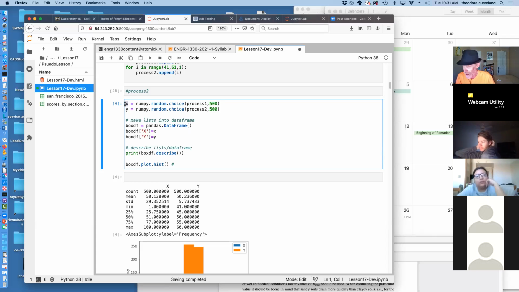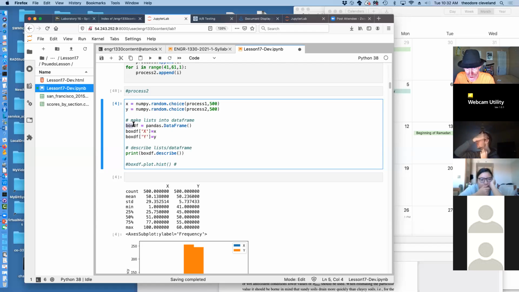So now the length of this list X, how many things are in it? 500. Good. The length of Y, how many things are in it? Also 500. Good. And we're going to put them into a data frame so we can use some pandas tools.